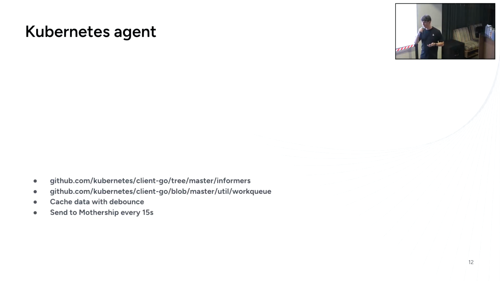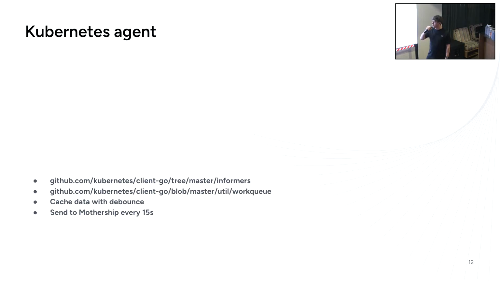For example, if you're interested in Kubernetes pods, you can create a pod informer, which lists all the pods. After the request is over, you get a resource version back, with which you can then start watching for changes. So whenever any pod is changed, you will get a new version of that pod delivered to you.